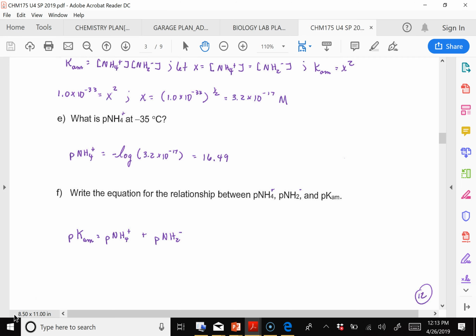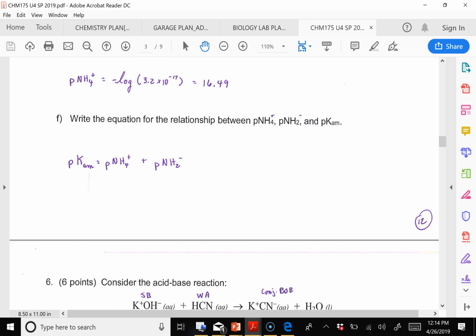And then what would be the relationship between the pNH4+, the pNH2-, and the pKam? It's a similar thing to pKw equals pH plus pOH. But I guess when we do pH, we don't do pH plus, do we? And for pOH, we don't do pOH minus. So maybe so. It just seemed like they should be on there.